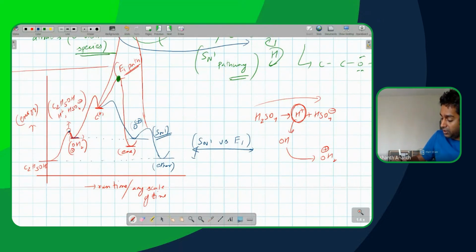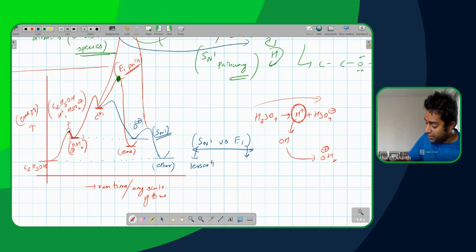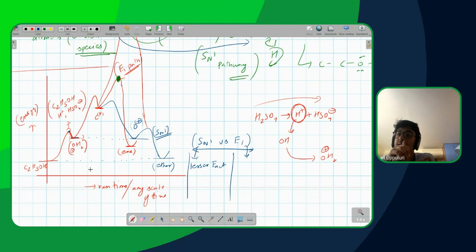Then let's quickly think about what are the basics over here. So SN1 has lesser activation energy. You understand activation energy or not? Yes, sir. And in terms of exothermic, endothermic, now tell me the SN1, what is that approximately going to be? It will be endothermic.